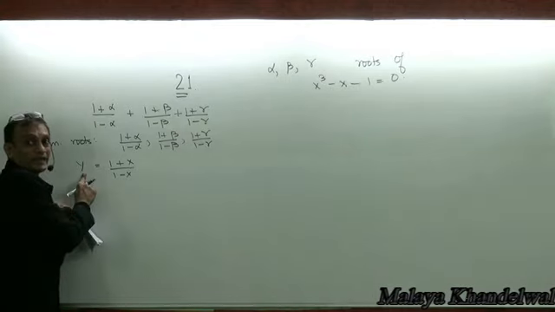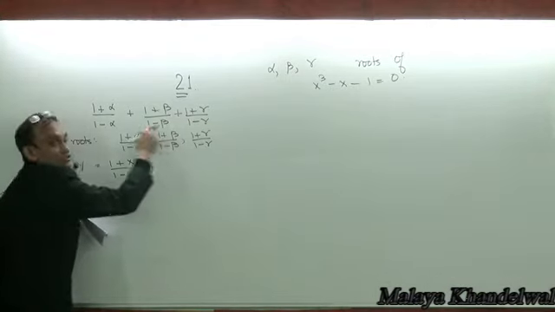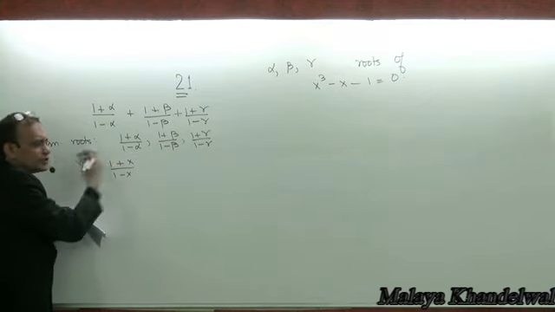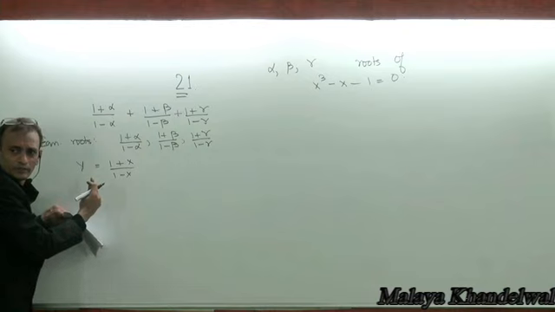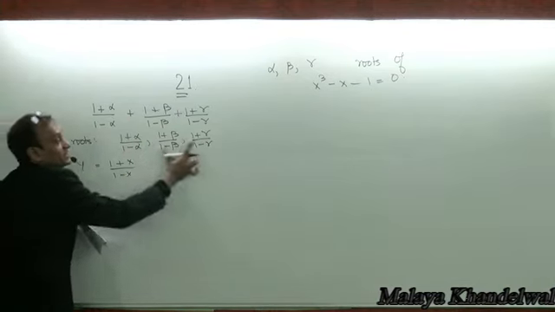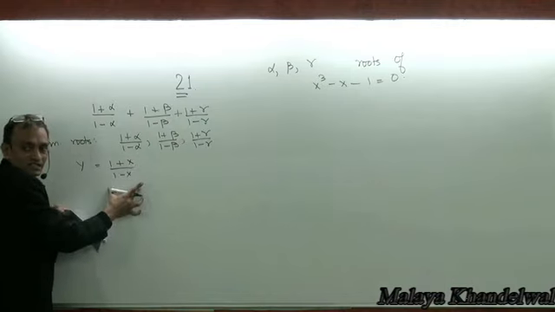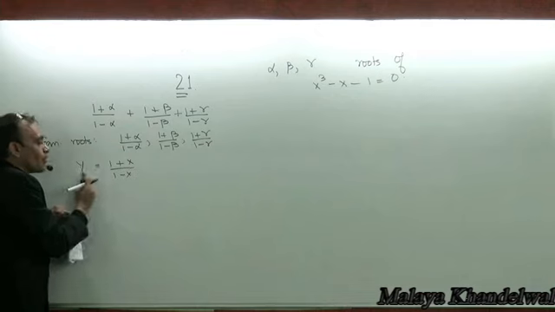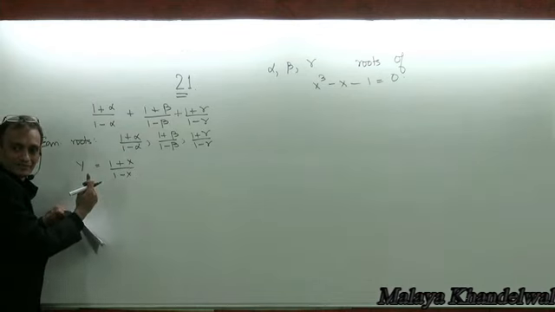So let me create a cubic in y whose roots are these. When I go from the x domain to the y domain, this is the transformation. It will give me a cubic in y whose roots would be these, because when x's are these, then y's would be these.